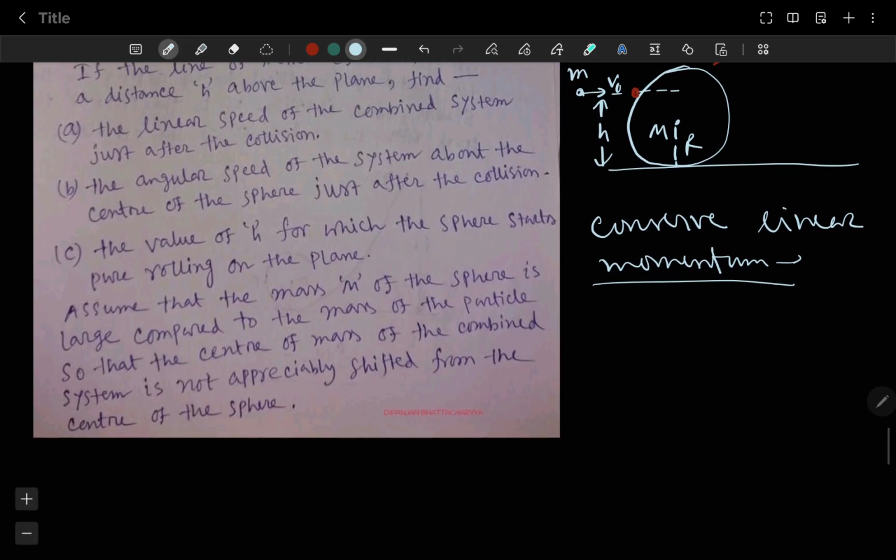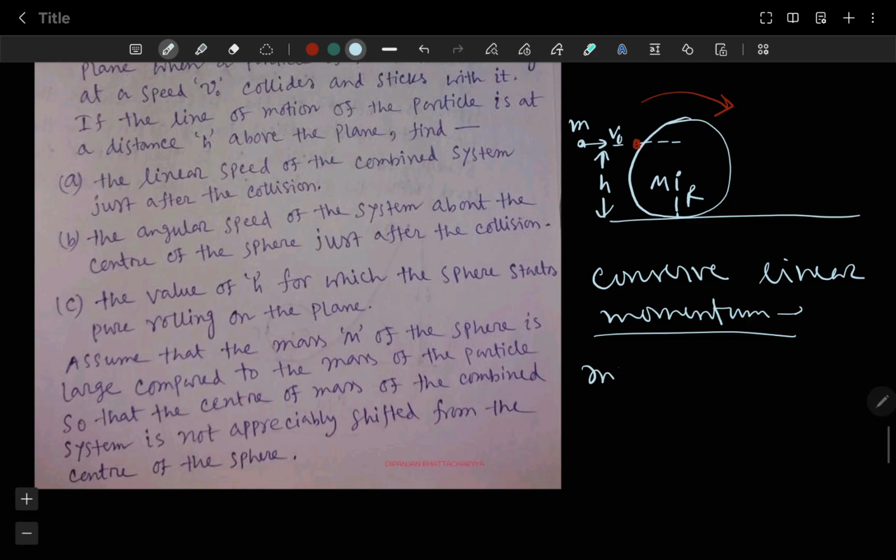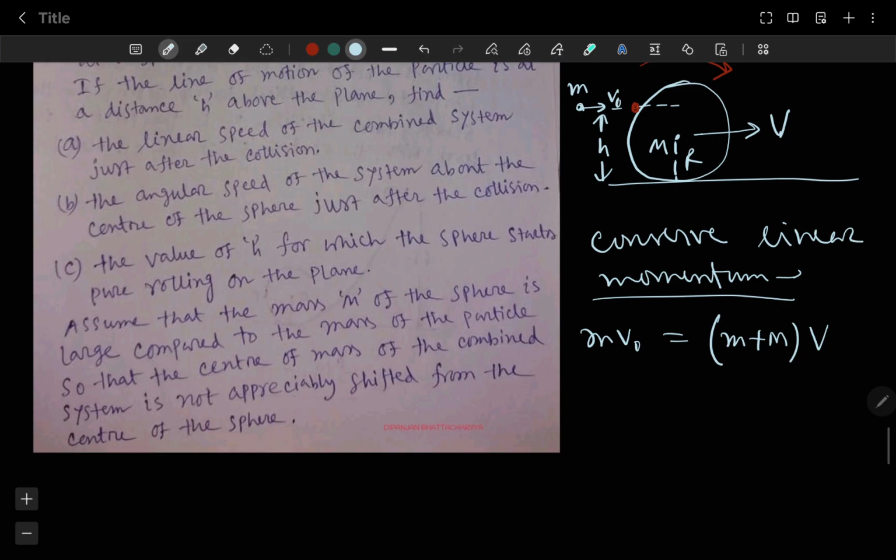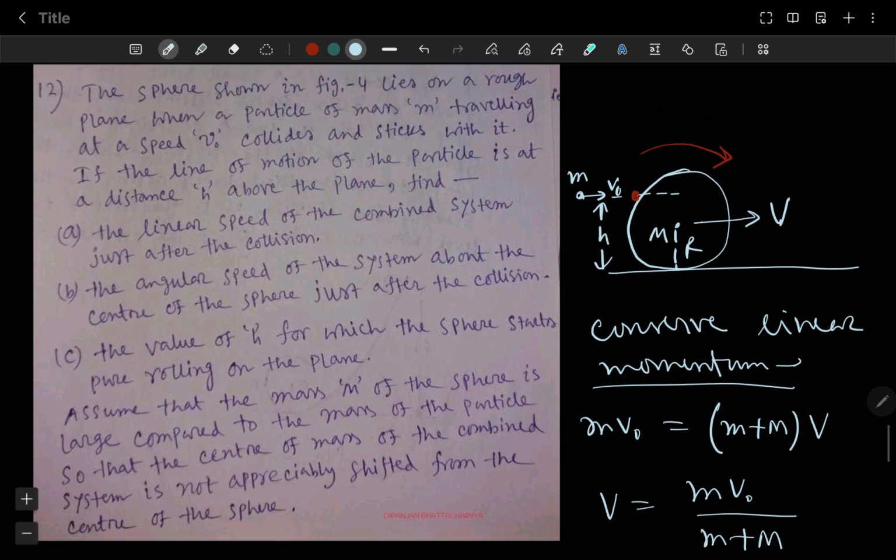So it is mv0, and say just after hitting, the velocity of the combined system becomes v. So mv0 will be (M plus m) v. So v will be mv0 by (M plus m). Alright, the first problem is done.